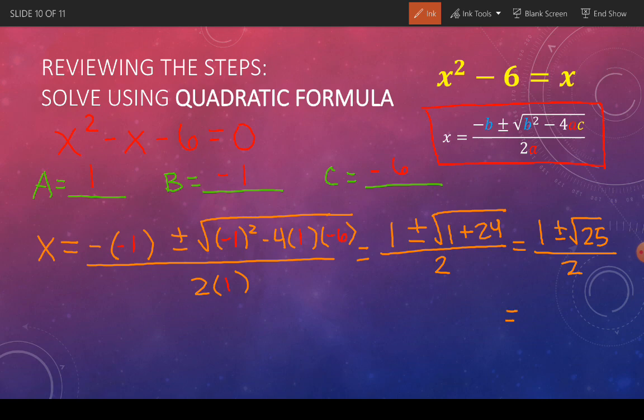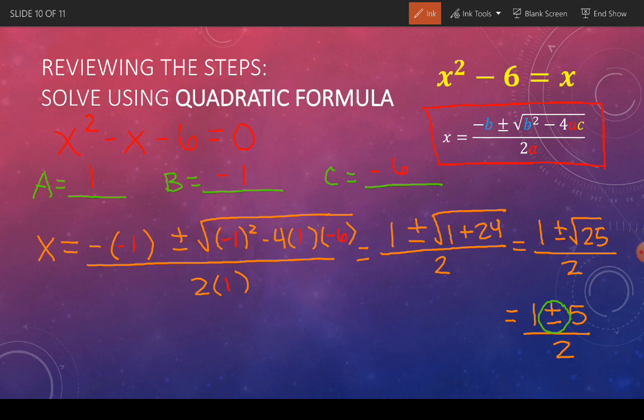And this simplifies to 1 plus or minus 5, since the square root of 25 is 5, divided by 2. Okay. Once we get here, we need to set up 2 equations to account for this plus or minus symbol here.